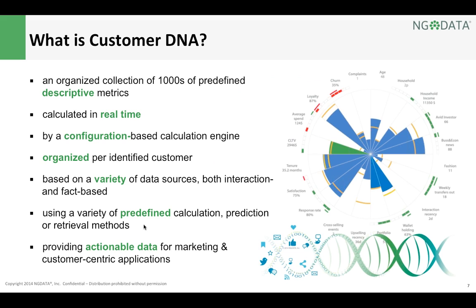Literally, we have 1,000 customer DNA metrics pre-configured in the system, and all of the calculations to get to these key metrics are also pre-configured. That means that you can start small. You can start with one or two sources, connecting just your online website to Lilly, start harvesting profiles from there, and then later on add a CRM source, add a source on payment transactions or call center interactions.